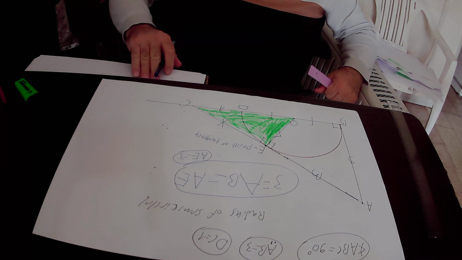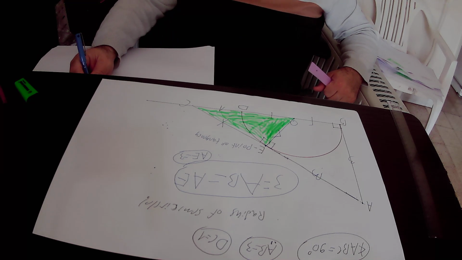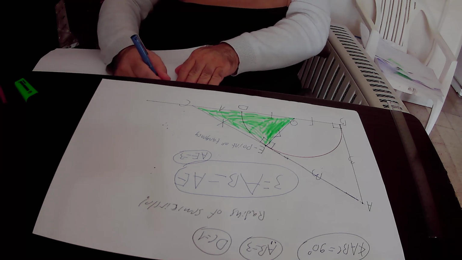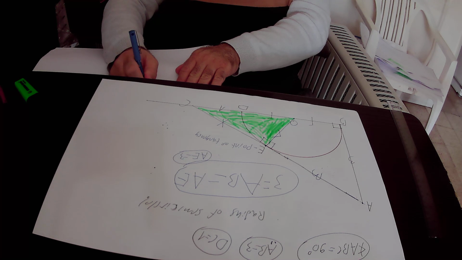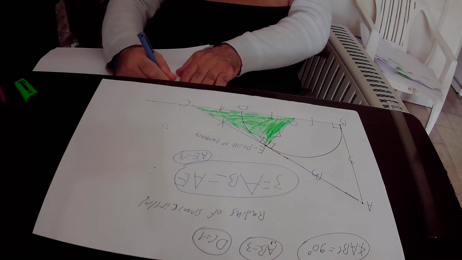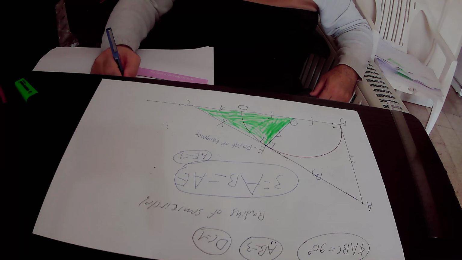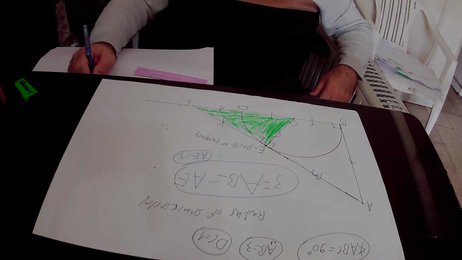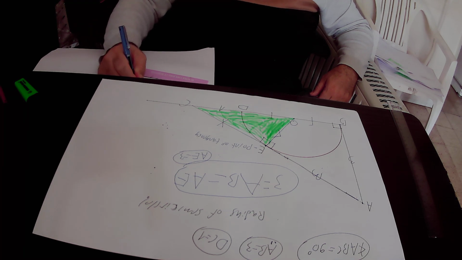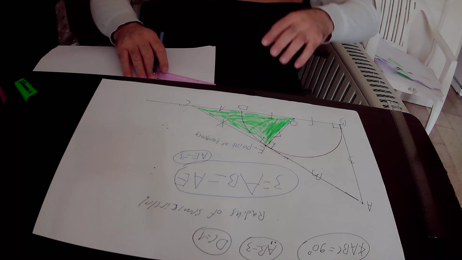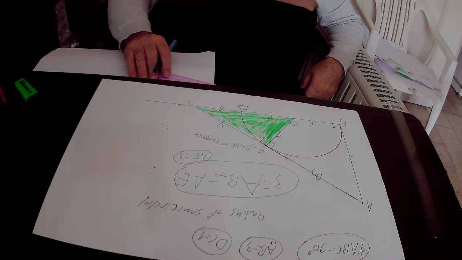So on the right triangle OEC, according to the Pythagoras theorem, the square of the hypotenuse equals the sum of the squares of the perpendiculars.